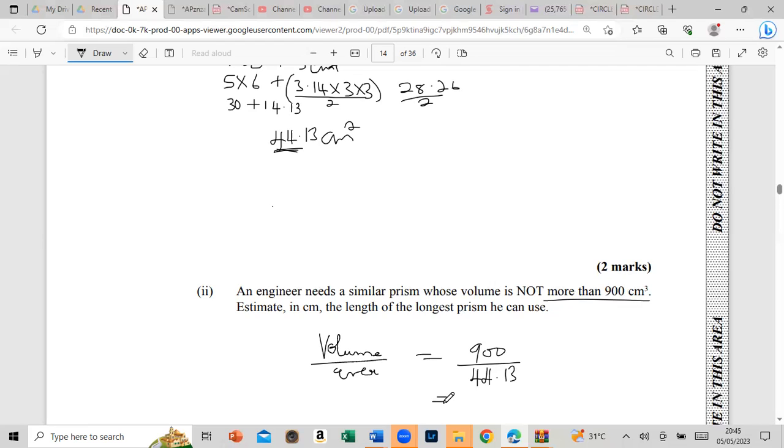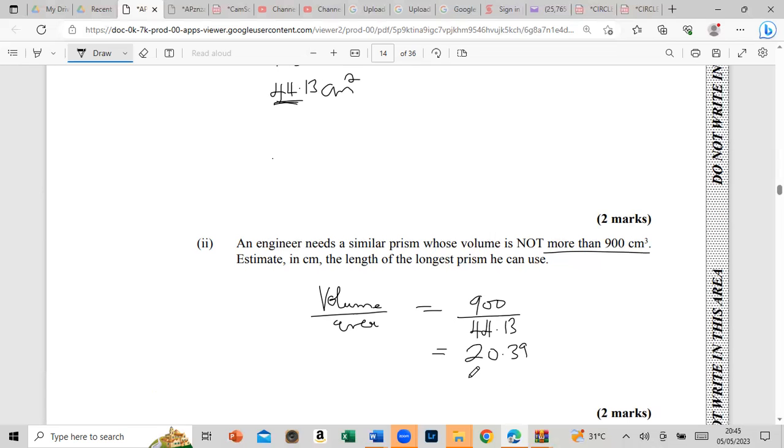So on the calculator, 900 divided by 44.13 gives me 20.39. I'm gonna round it off to just one decimal place, and I'm gonna do a little trial and error. 20.4.